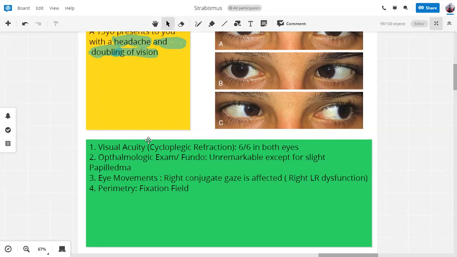We tell the patient to fix on the stimulus being given by the perimeter. Thus we find out how far outside the center point this patient can fix on an object. That is called his fixation field, which we find using perimetry.